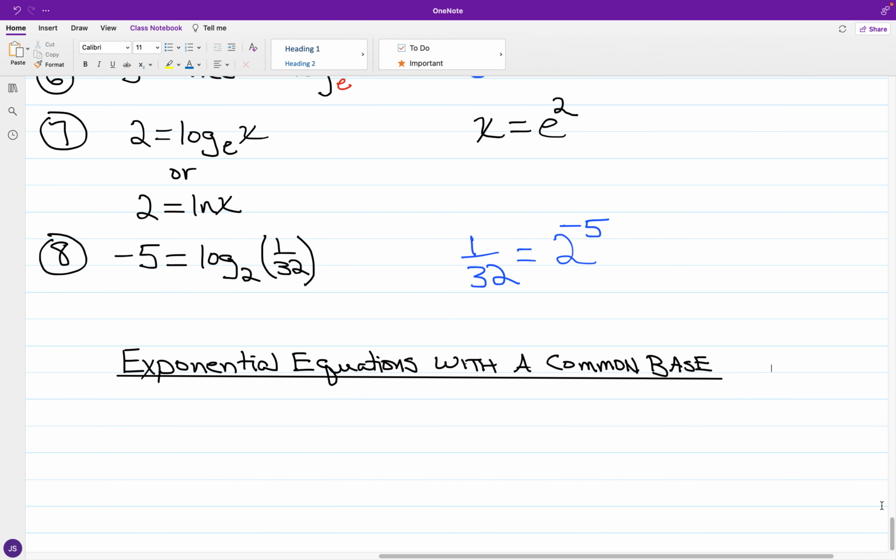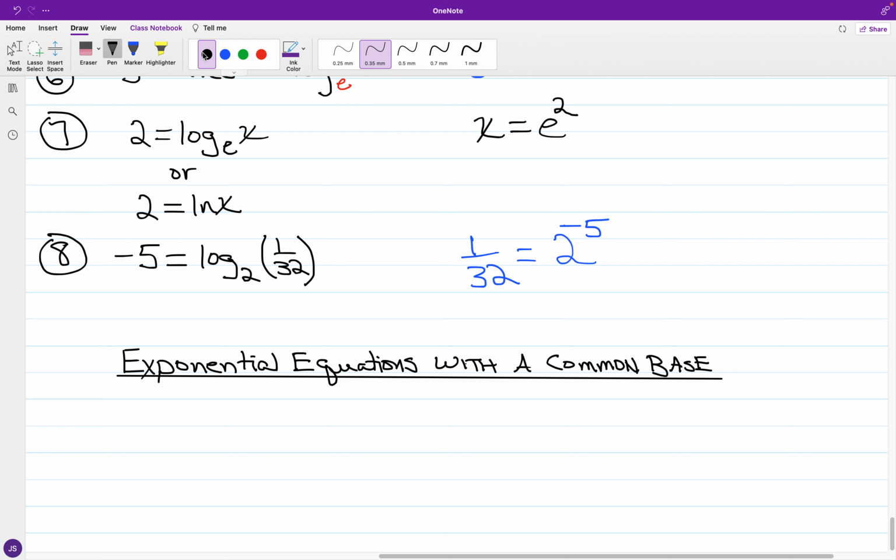Those will be the types of exponential equations where you can get the exact results, technically or theoretically, without having to use a calculator. Say we have exponential equations that share a common base.